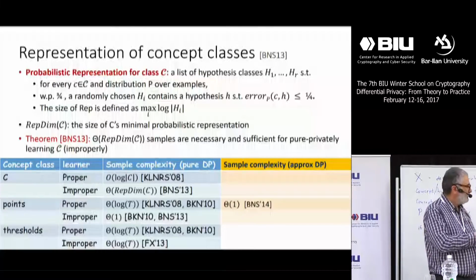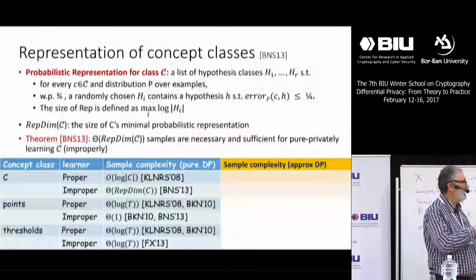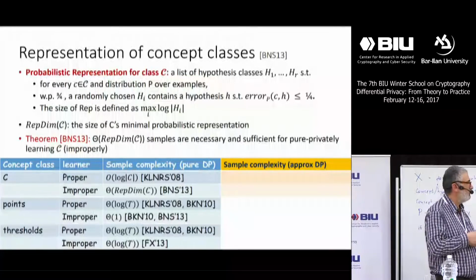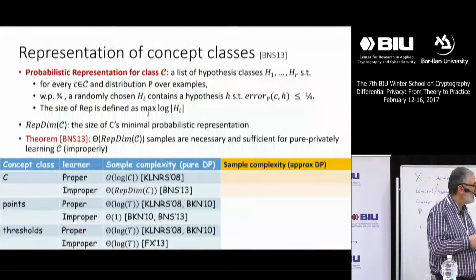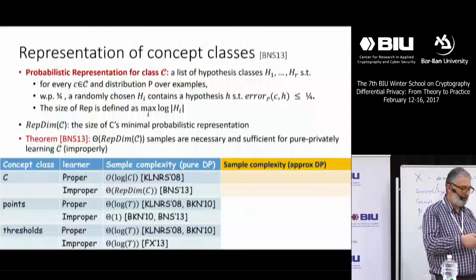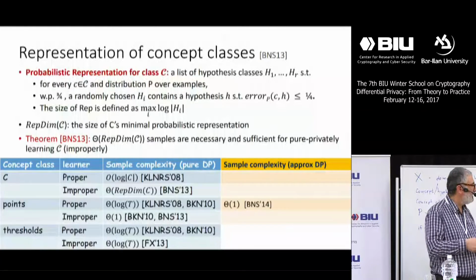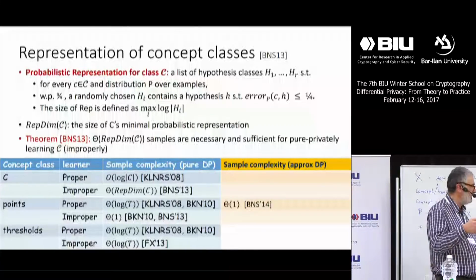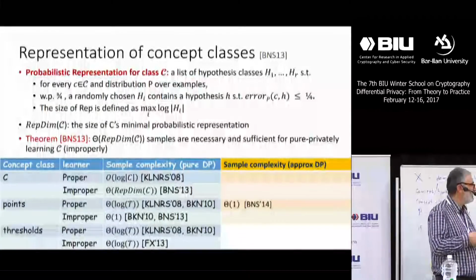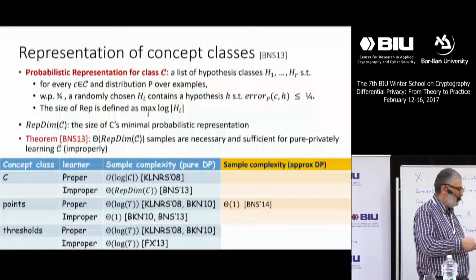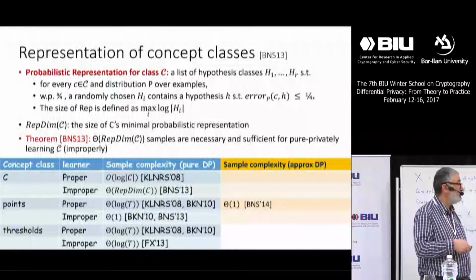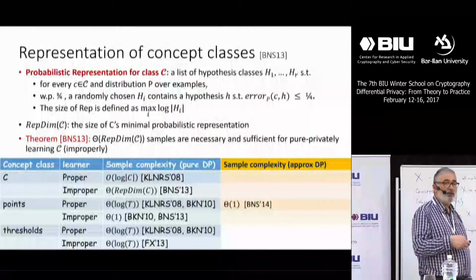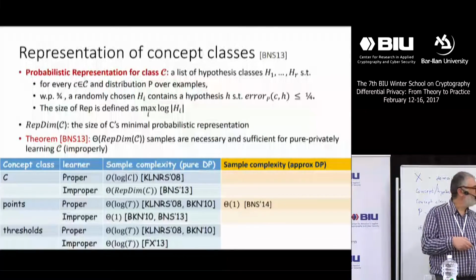Unfortunately, we don't have a general result in the case of approximate differential privacy. We have very scattered information here. For points, we can use techniques that are based on the ideas that Adam presented yesterday, actually, based on one of his algorithms that shows how to learn points properly with a constant sample complexity.